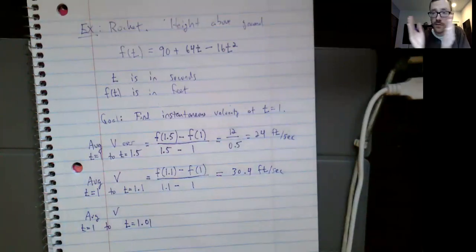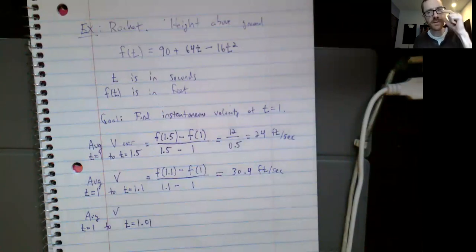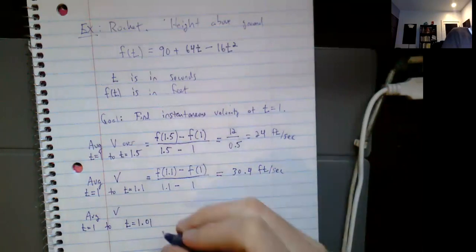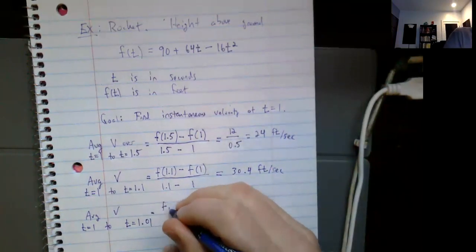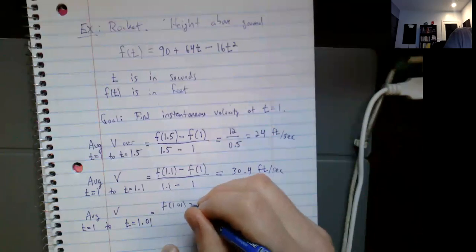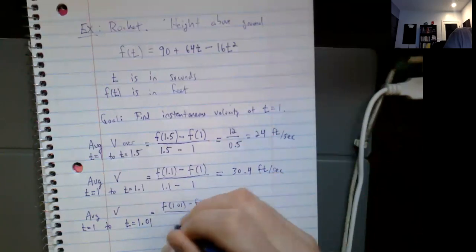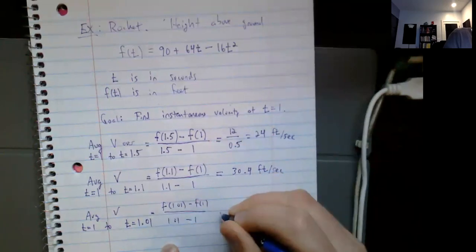If you compute the average velocity over a time interval of a hundredth of a second, that should be a really good approximation for the instantaneous velocity at the beginning of that interval. So that's f of 1.01 minus f of 1 over 1.01 minus 1.